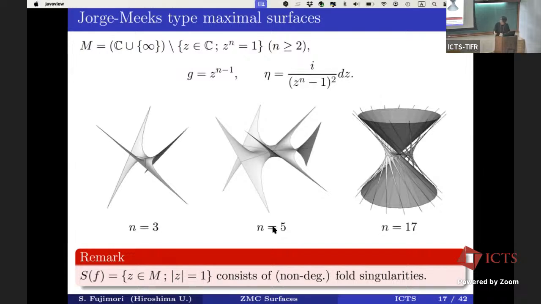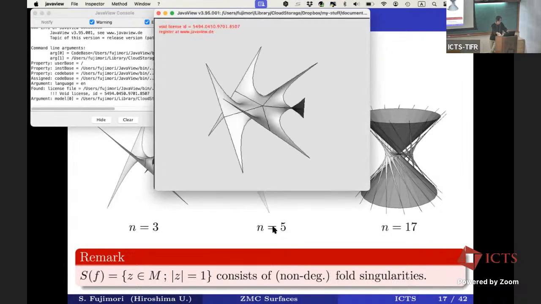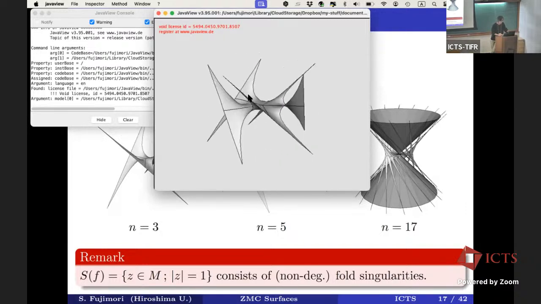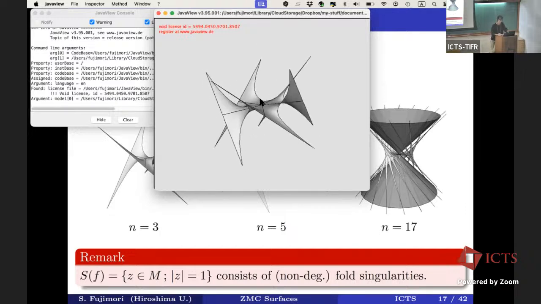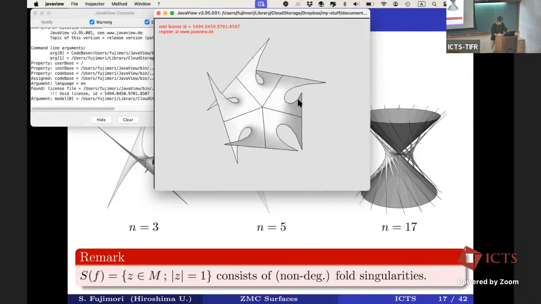This is the n equals 5 case. So we have this surface, and for the singularity we have 5 components. And this is the end of the surface.